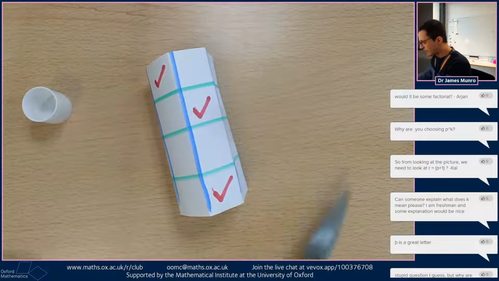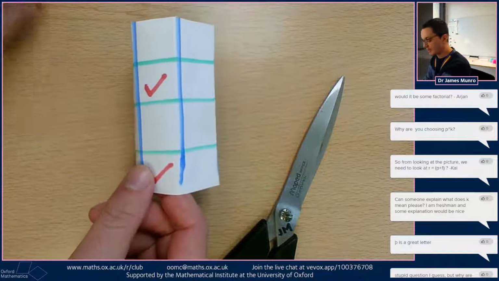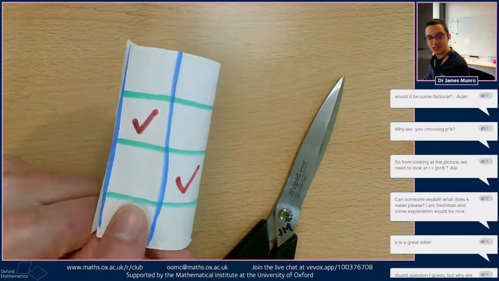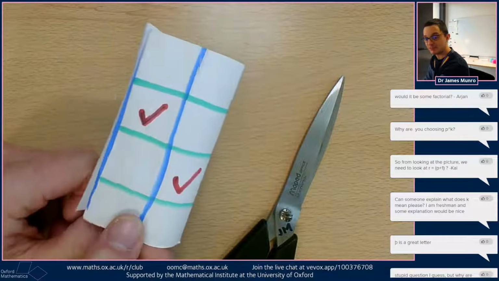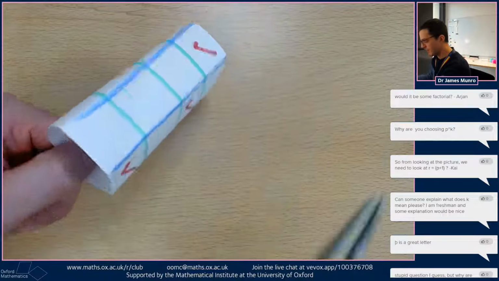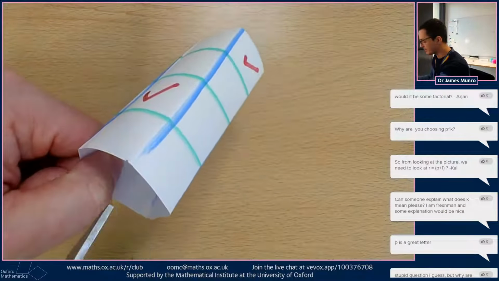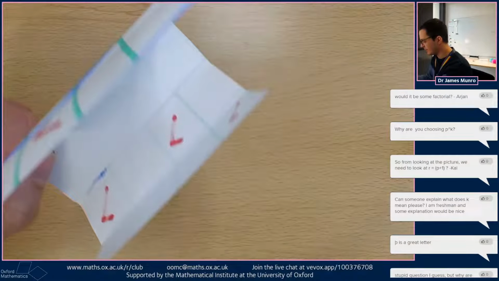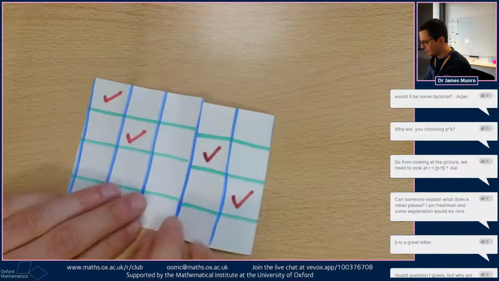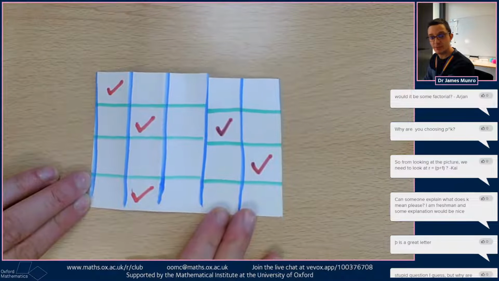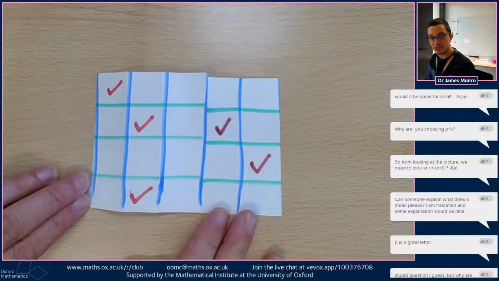I've got a choice about where I cut it to unroll it. I could be boring and just uncut it where I stuck it to get back to the same pattern of ticks, or I could cut it somewhere different. You might like to think about how many choices I've got about where I cut it. I'm going to cut it here, I think. If I cut it here, then I get a new grid of choices, choosing 5 things from that grid of 20 squares.